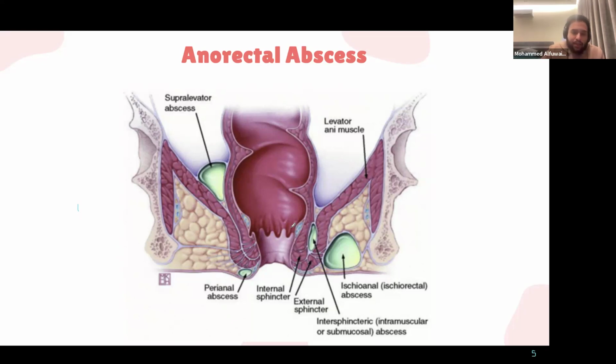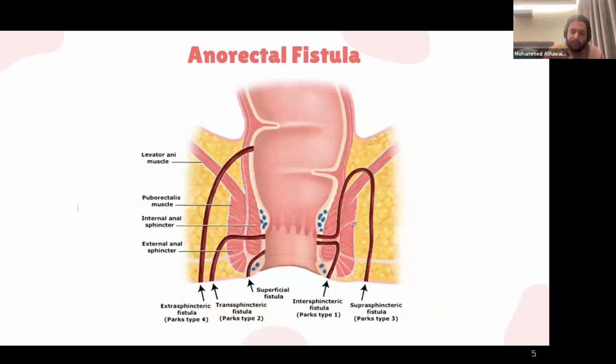Maybe poor anal hygiene and so on, patients with AIDS, HIV, IBD, and so on can have this. They may present with fever. They feel a mass in the perianal region. They might have perianal itching as well, but again, it's not too important for anorectal abscess.